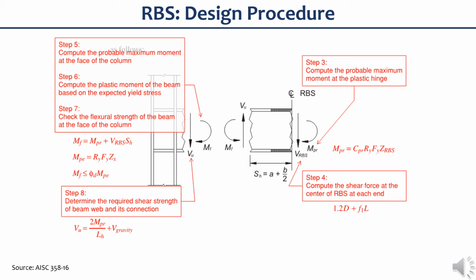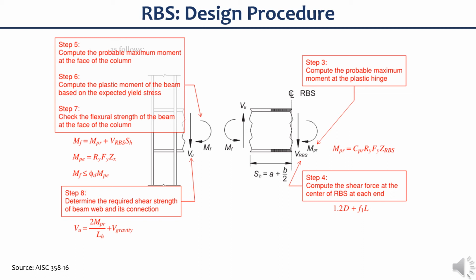This calculation shall assume that the moment at the center of each RBS is the MPR and shall include the gravity loads acting on the beam based on the 1.2 D plus 0.5 L load combination.